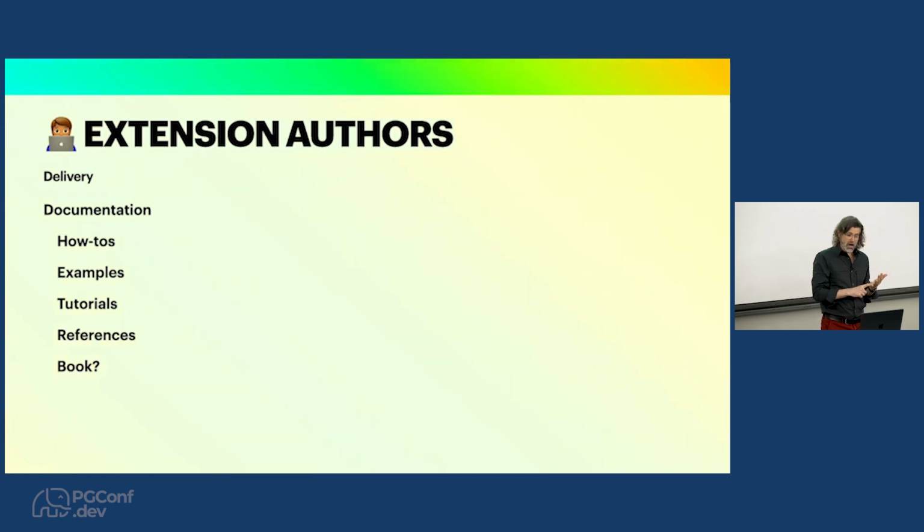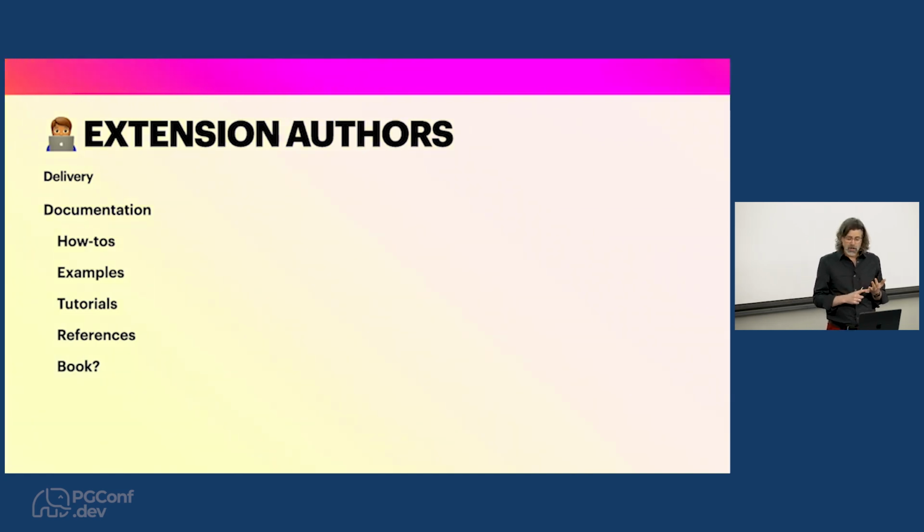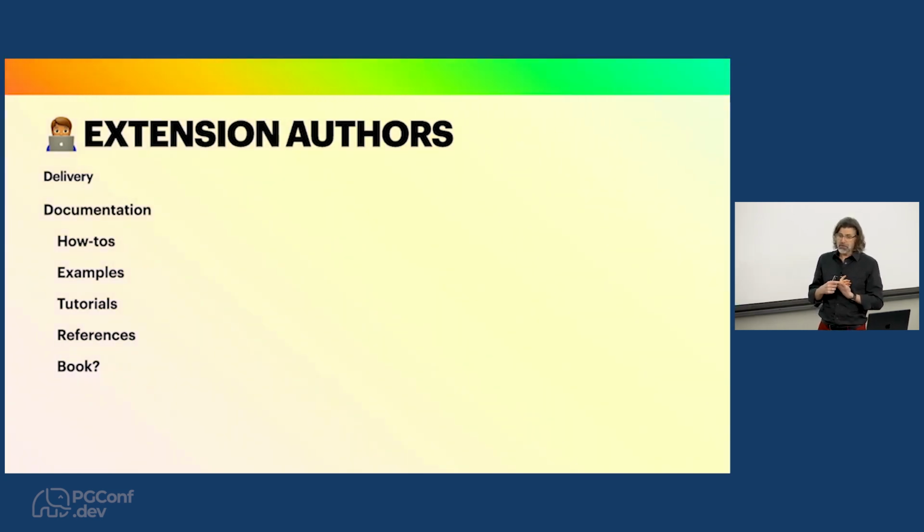One bit, of course, is documentation, where we want to work on and recruit people to contribute to how-to documents and examples and tutorials and references, or maybe write a book. One thing I've learned talking to a lot of people here is there is a lot to extension stuff. You could have a whole book about this stuff. That would be a great reference for people.